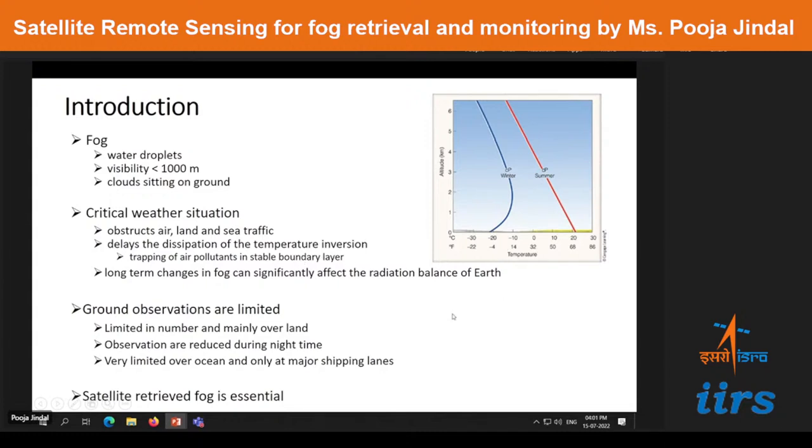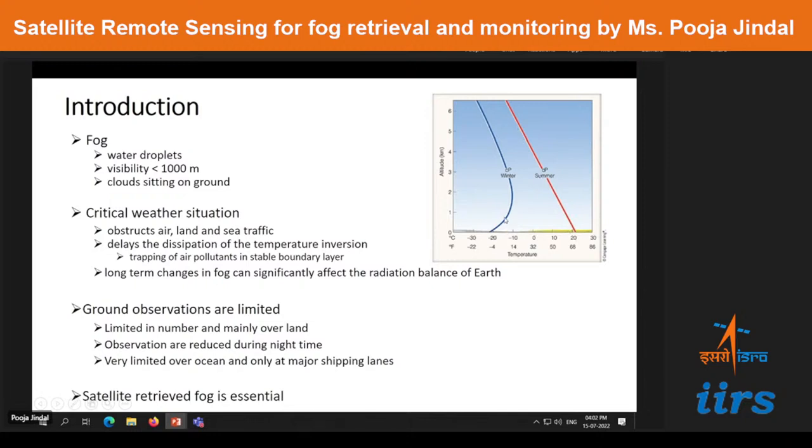So you know that in general, as we move high in the altitude, temperature reduces. So if you see this graph, this is the altitude versus the temperature. You see this red curve, this shows the temperature. So as we move high in the altitude, the temperature reduces. This is a normal phenomenon.